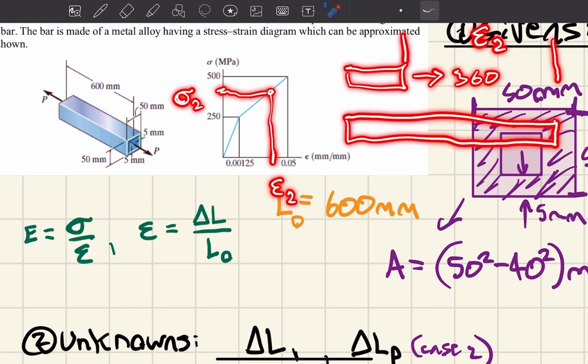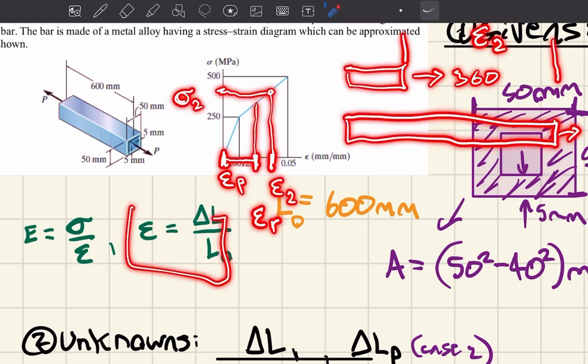Once I let go of this force, I'm going to have some elastic strain or recovery strain. It's going to spring back a little, but I'm also going to have this permanent strain or permanent deformation, right? And remember, we have this formula so we can easily find deformation, but it's easier to do the calculations with strain, so we'll convert to deformation at the end, simply because we have L naught.